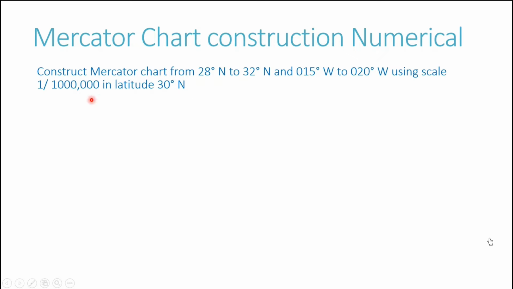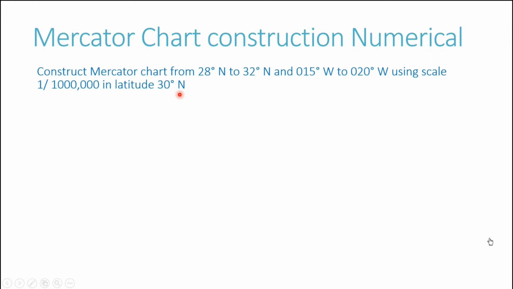Most of the time you will see that the scale is referenced to the mid latitude of the area which the chart is covering. So you can see here 28 to 32, this 30 degree north is exactly midway, but it is not something which is mandatory. This can be any particular latitude.